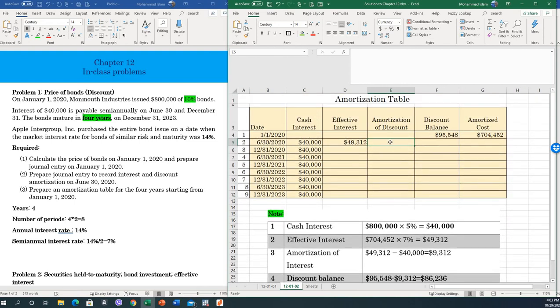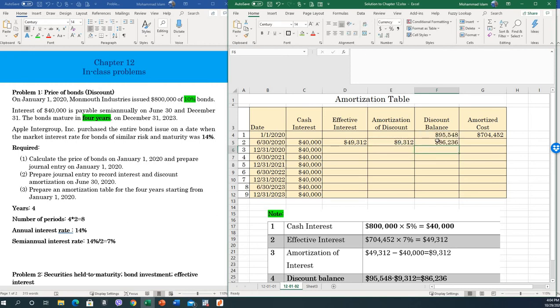is equal to effective interest minus cash interest. Okay, cash interest. So effective interest minus cash interest is the amortization. This amount of interest will be amortized from the discount balance. So the discount balance would be this amount, the discount balance minus the amount that we have amortized.